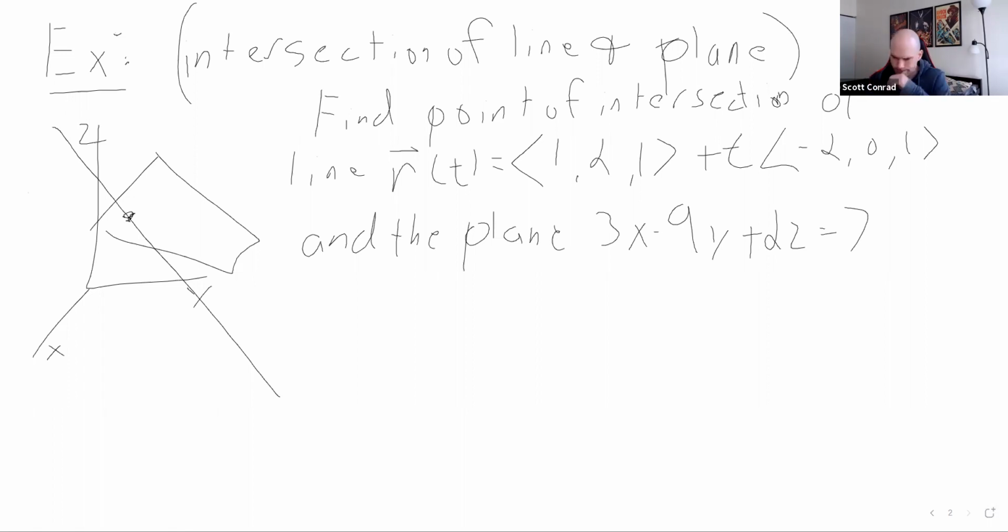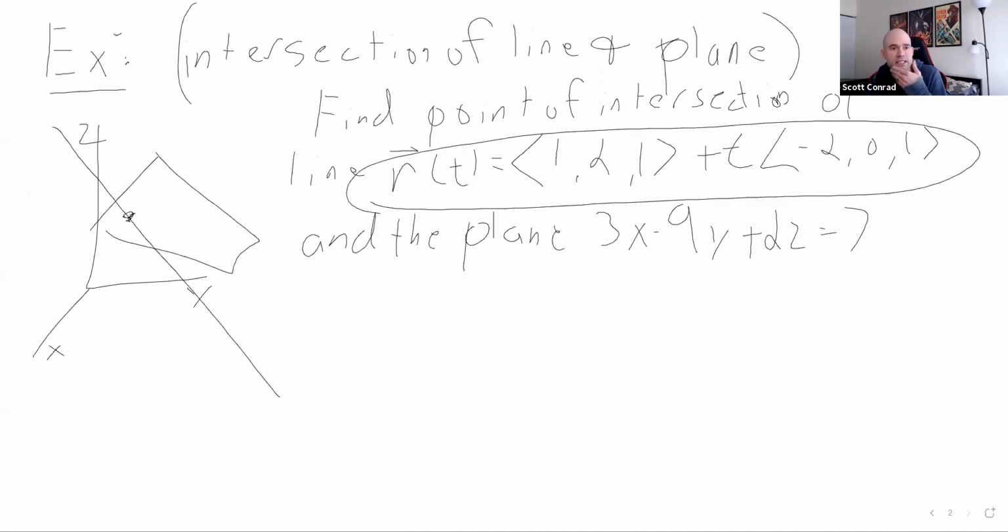Okay, so all right. So the way a point of intersection of two things is just a point which lies on both objects, right? A point which satisfies both equations. So what we want to do is find a point on the line which also lies on the plane. And the way I like to think of points on lines when you parameterize them, when you give an equation involving t, is you can think of every point as corresponding to some value of t.